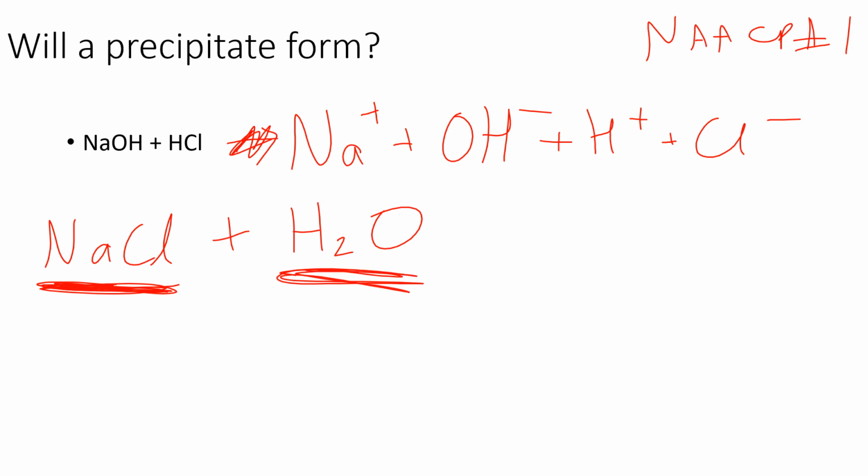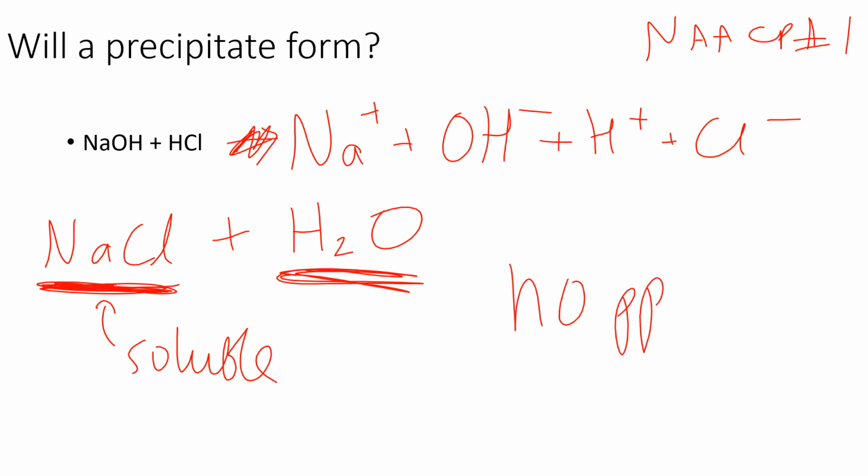This is an acid-base reaction, so water forms. So this is a soluble compound, and remember, precipitates only form when something insoluble forms in reaction. Therefore, we can conclude that no precipitate, I like to write precipitate as PPT, forms.